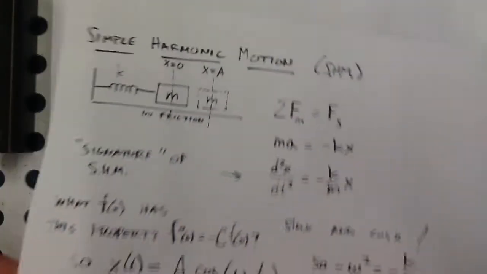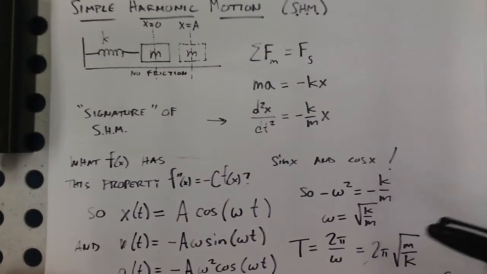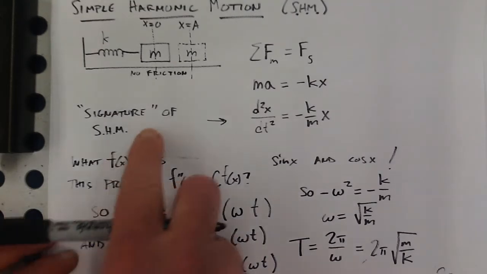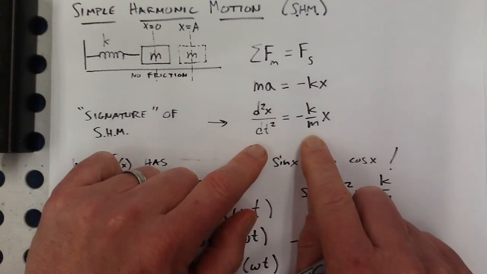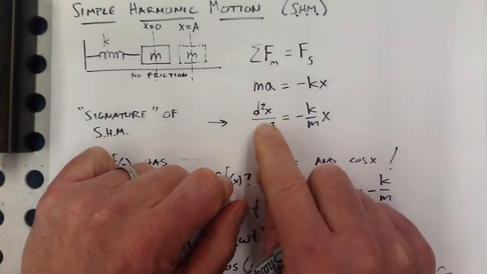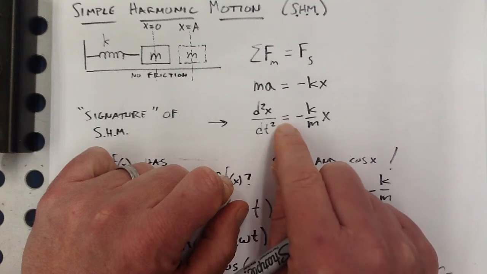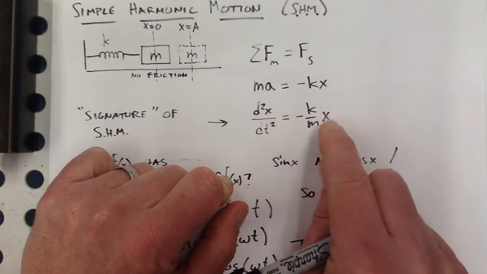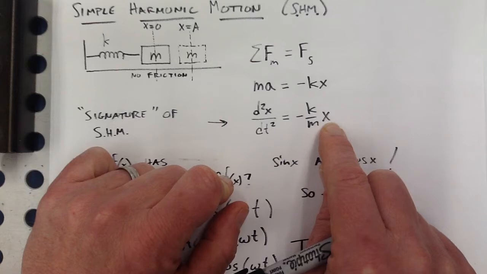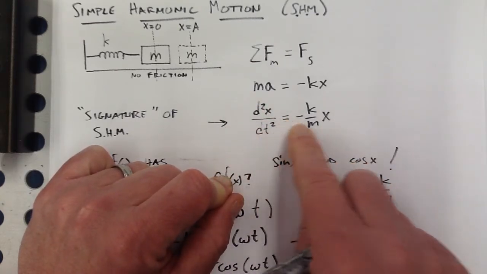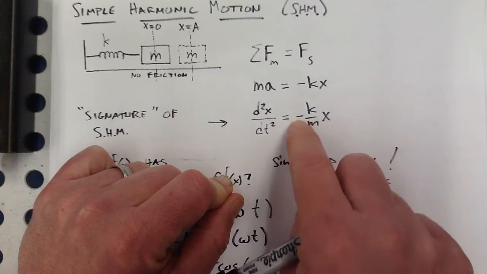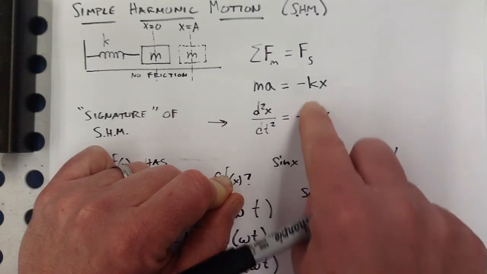Now, before we get into that, I'm just going to remind you, back to our simple harmonic motion notes, that the signature of simple harmonic motion is this, where the second derivative of position is equal to negative constant times position, right? So basically, acceleration is the same as position, but for the sign switch and the constant here.